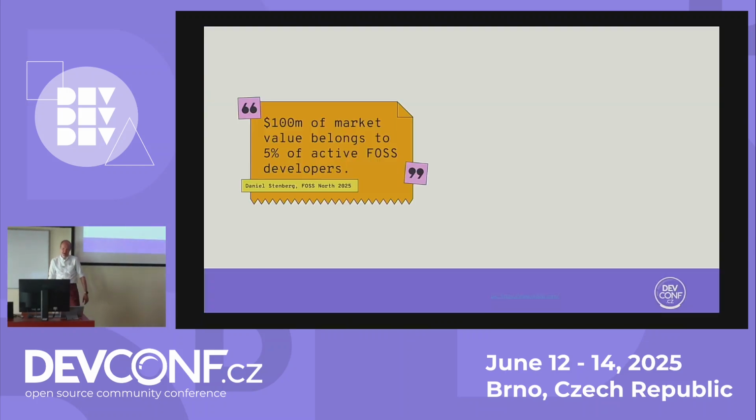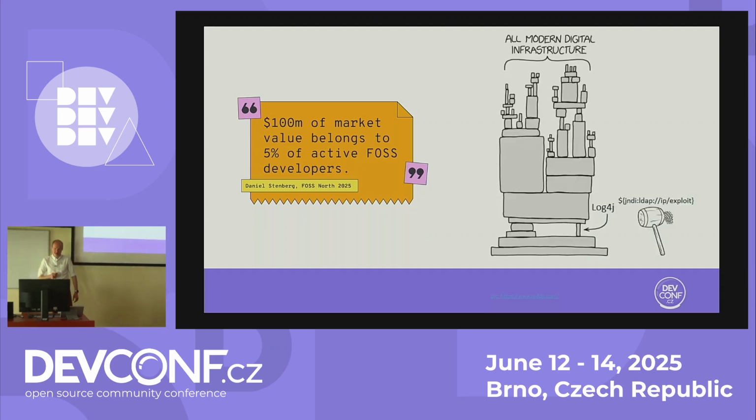The first one is 100 million, with an M, right, dollars of market value belongs to 5% of active free and open source developers. So this is a huge market, and this is a statistic concluded by the curl maintainer Daniel Stenberg early at FOSDEM there in Göteborg. On the other hand, this is our own modern digital infrastructure, right, that is dependent on open source.